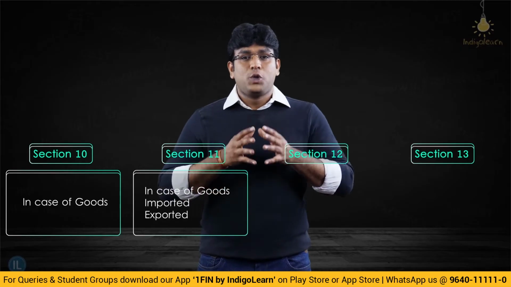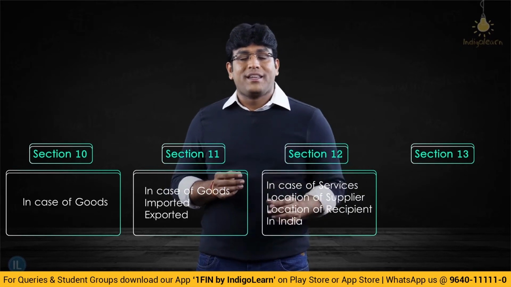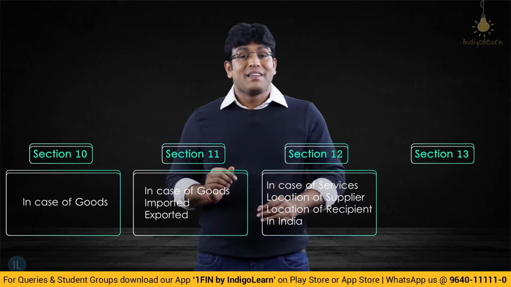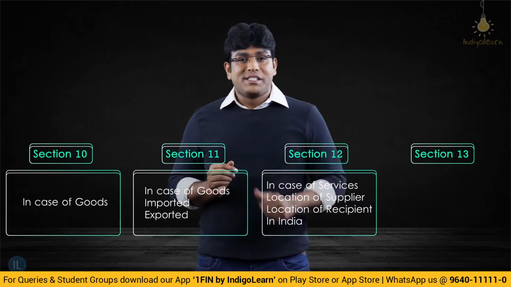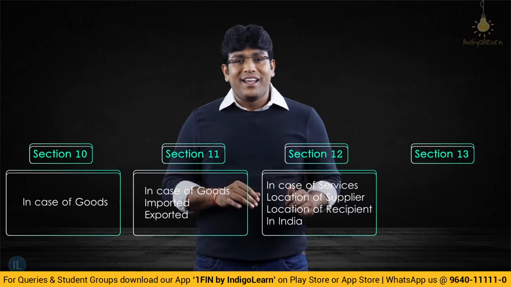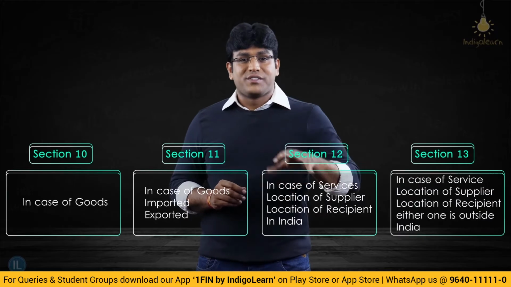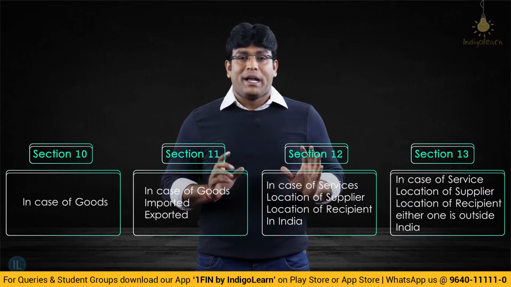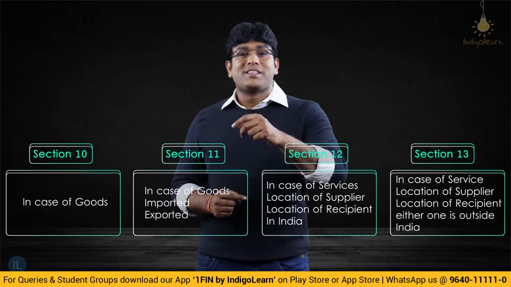Then Section 12 deals with place of supply in case of services when the location of supplier and location of recipient both are in India. Section 13 deals with place of supply in case of services when the location of supplier or location of recipient, one of them, is outside India.